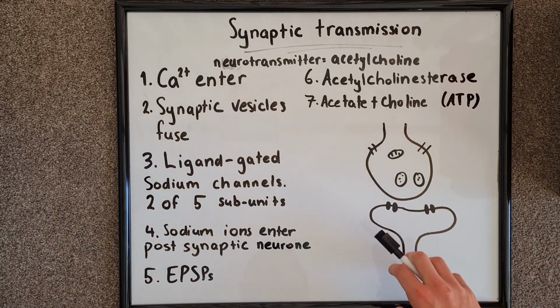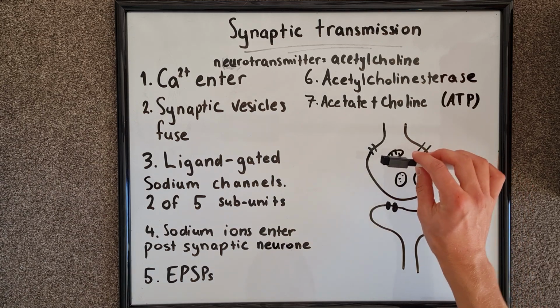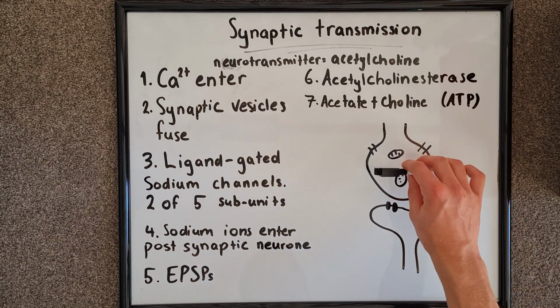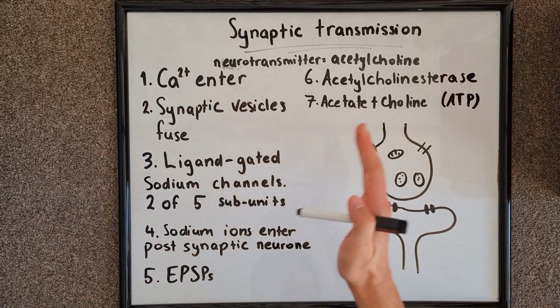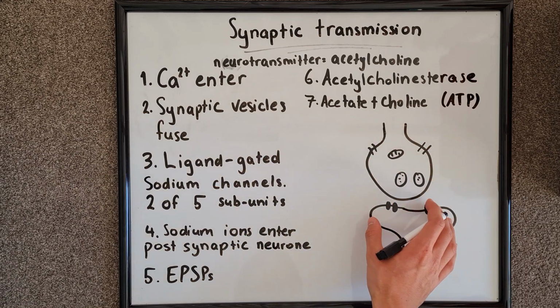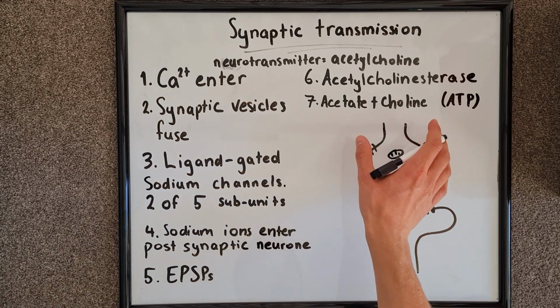So it's unidirectional because those neurotransmitters are only found in the synaptic knob, which is part of the presynaptic neuron. Pre means before, so before the synapse. Post means after.